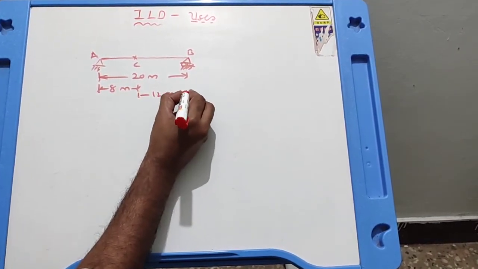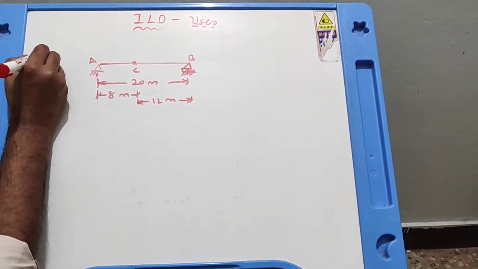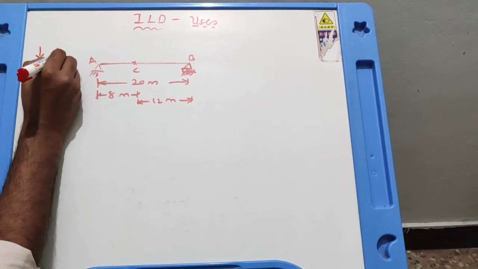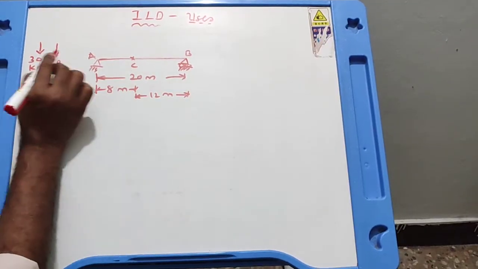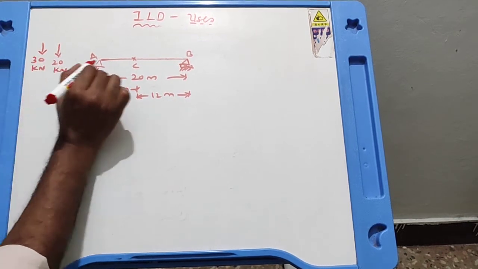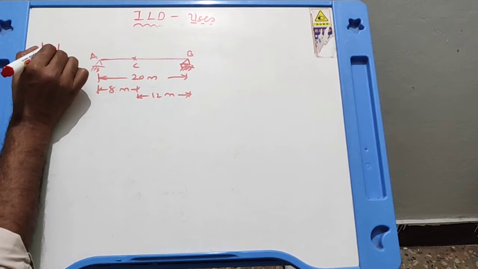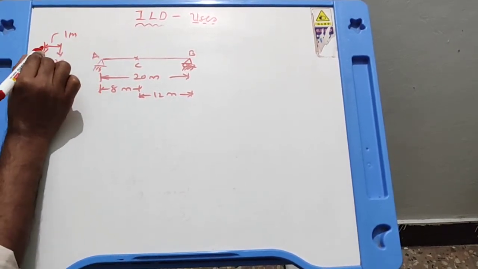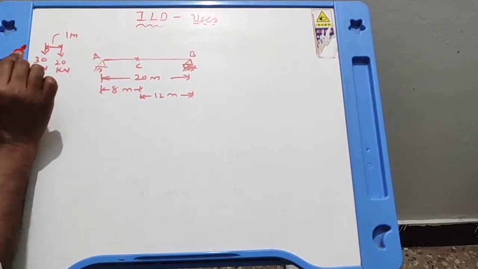Now instead of 1 kilonewton, there are two loads, say 30 kilonewton one load and 20 kilonewton another load. Two loads are there. They are moving. Just imagine these two loads are dynamic loads, moving, and the distance between them, say, is 1 meter. Just imagine that a constant distance between them is maintained.